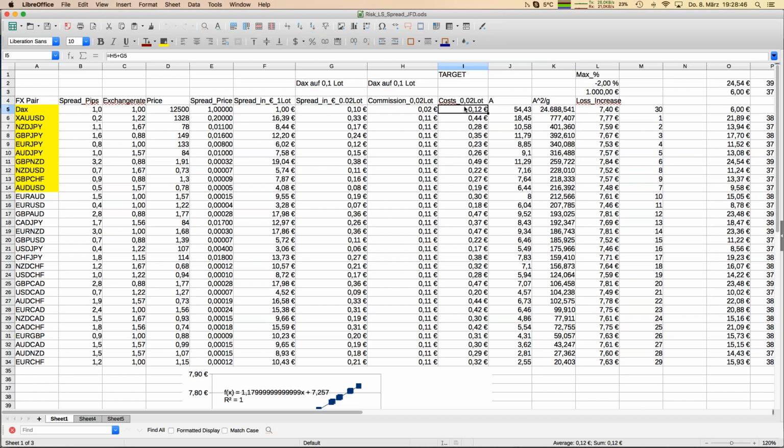But it's not only the costs, it's already the target. It's a take profit level which we later use during our trading activities. So that is simply exactly the level for our take profit: opening the trade, then setting the take profit at those numbers. Of course, you have to recalculate for the different underlyings, but here we have the numbers always in euro.